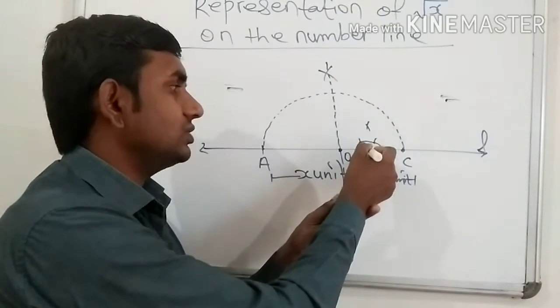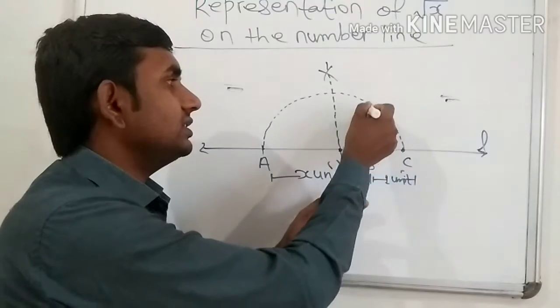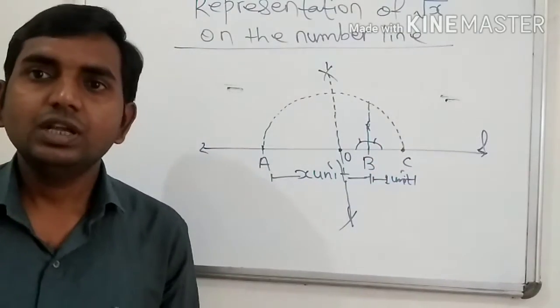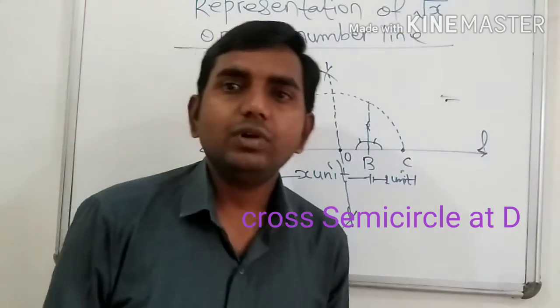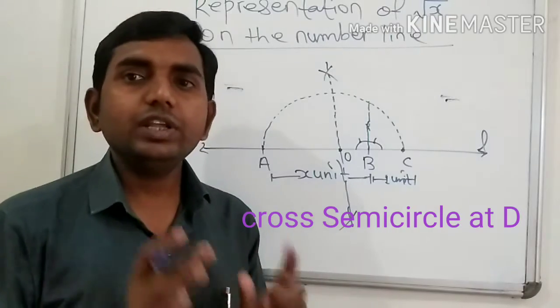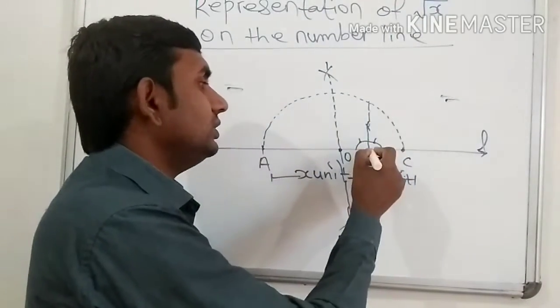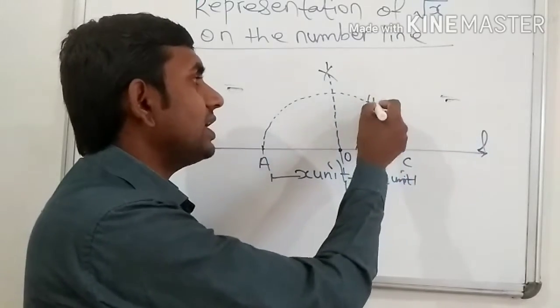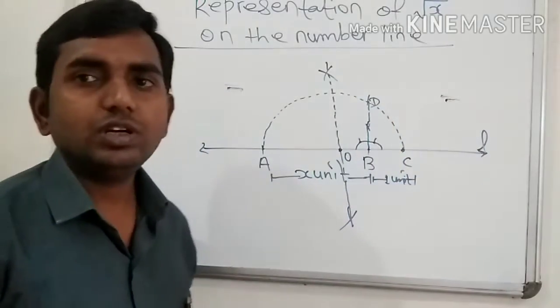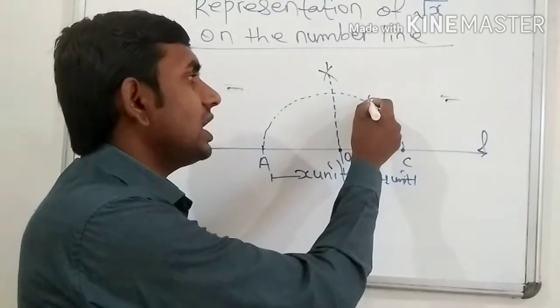Again we take 1 unit length, and if we cut it, then we find this perpendicular bisects the semicircle at point D.